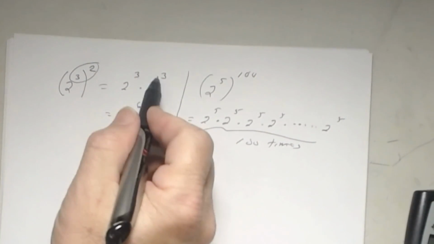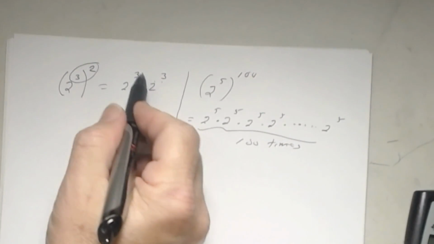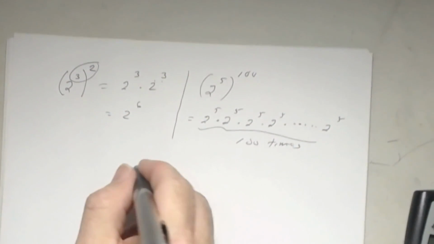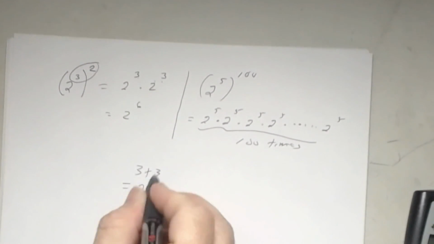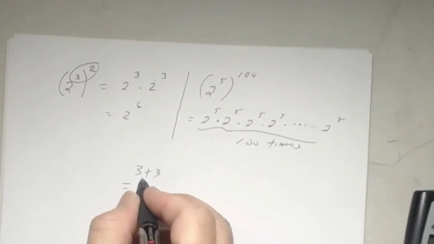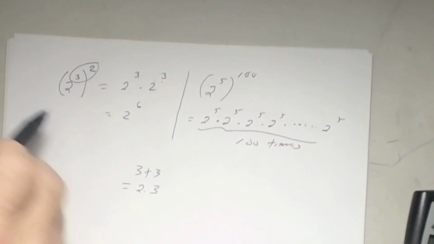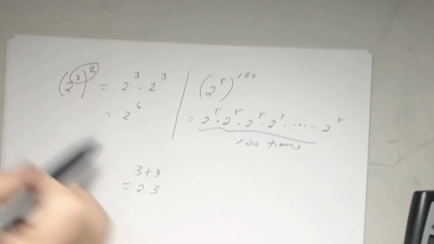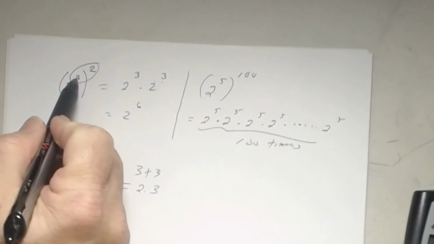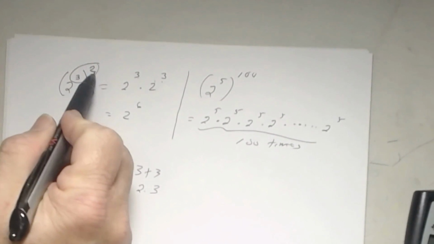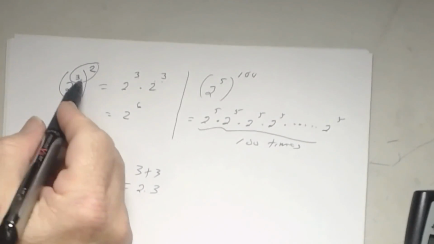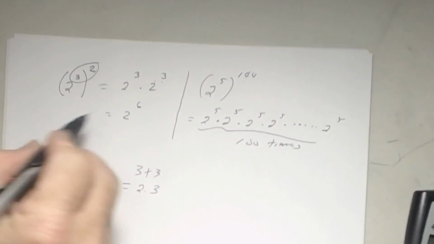Because remember, when you multiply bases, those exponents you add. So isn't 3 plus 3 the same as, how many factors of 3 do you see? 2. And isn't that what this is? So when you have a power raised to a power, what do you do with those exponents? Multiply. So 3 times 2 is 6.